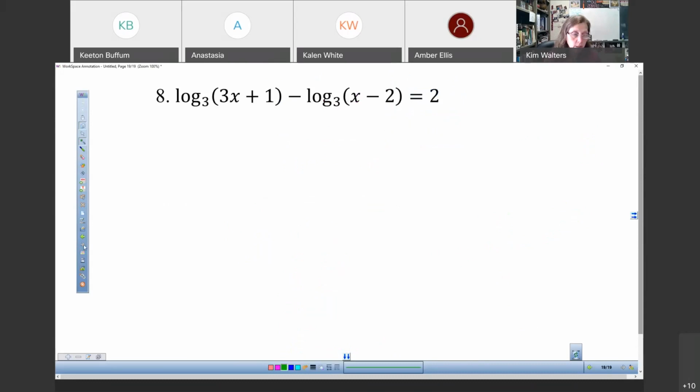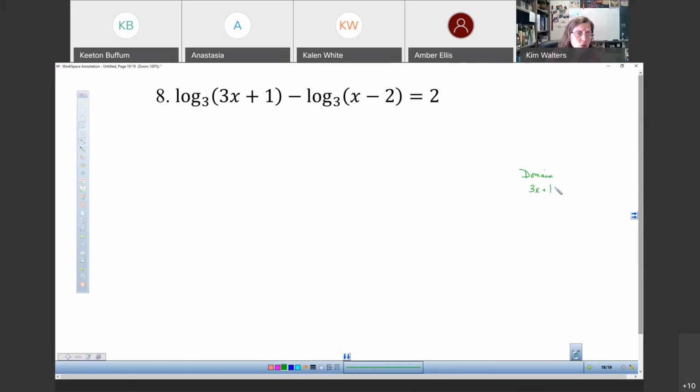Last problem, last one. Again, we need to condense the left-hand side. And like I said, this finding the domain thing you can do whenever you want to. If you want to check the domain before you do anything else, that's fine. It's really kind of a personal preference.